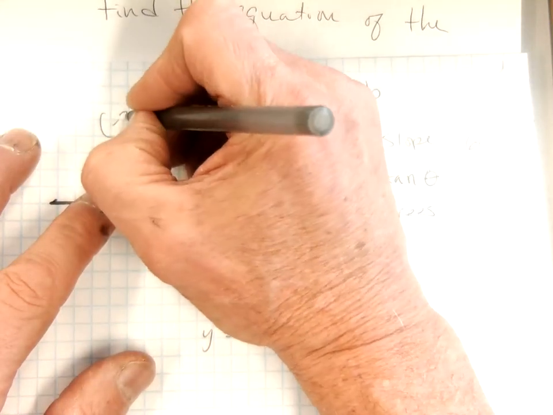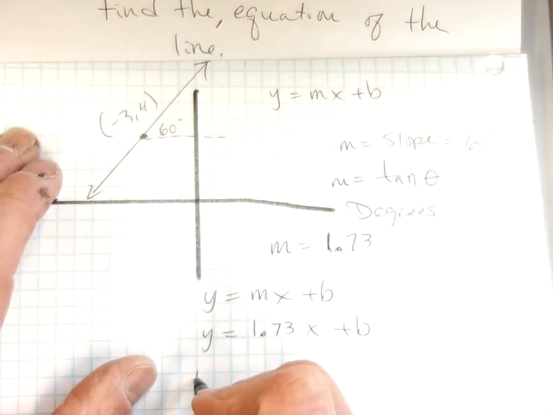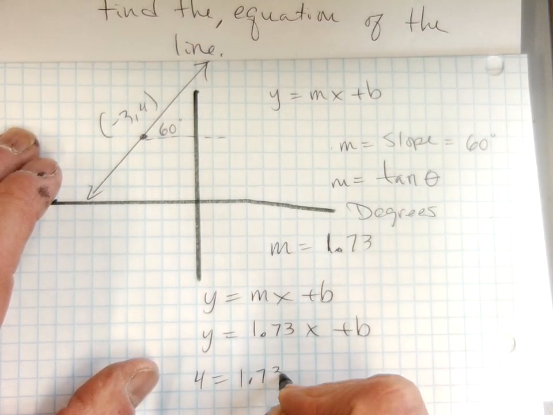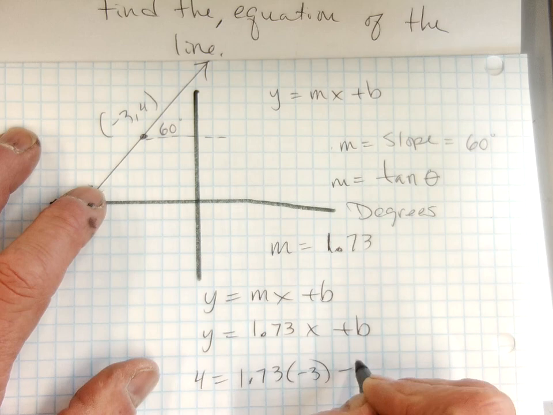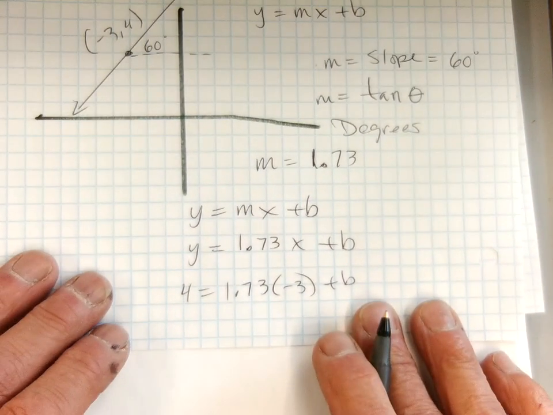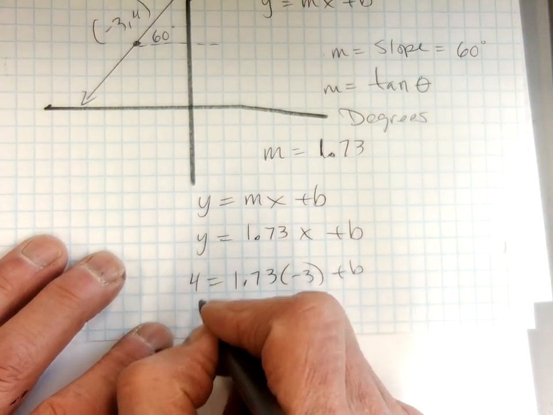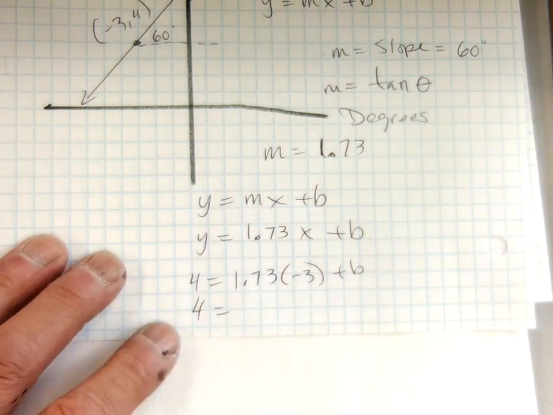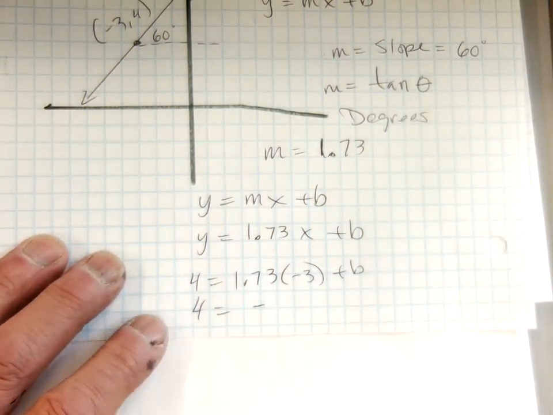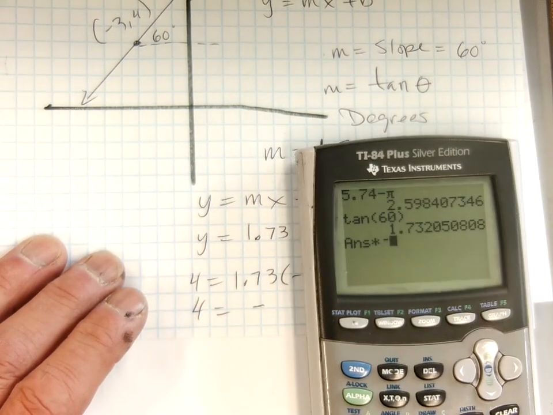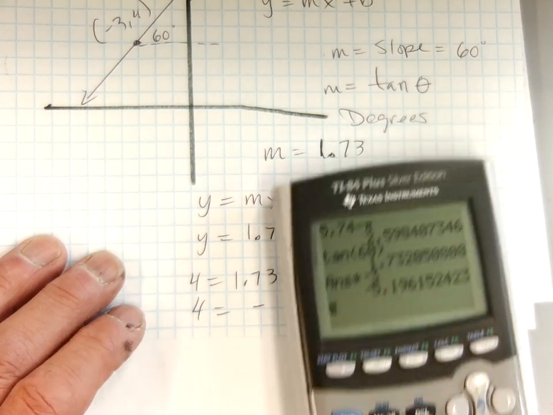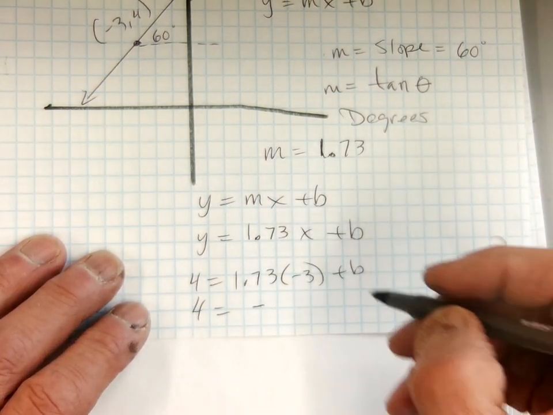I've got a point at negative 3, 4. I'm going to go 4 equals 1.73 times negative 3 plus b. Times that by negative 3, and I get negative 5.2.